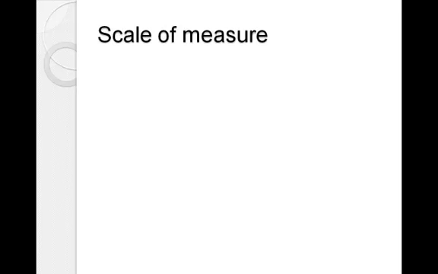The last thing I'll talk about in terms of influencing the conclusions we can make based on measurement is the scale of measure. This is the scale of measure used to record your data, right? It's kind of a hierarchical scale. Starting at the bottom, we have variables measured on a nominal scale. This is used to describe categorical variables, right?